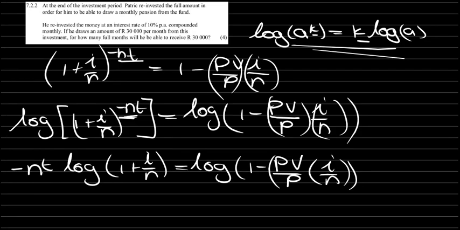When we divide by log of (1 plus I over N) on both sides, it looks like this. Let's do it on the next page, I'm running out of space. Okay, next page.